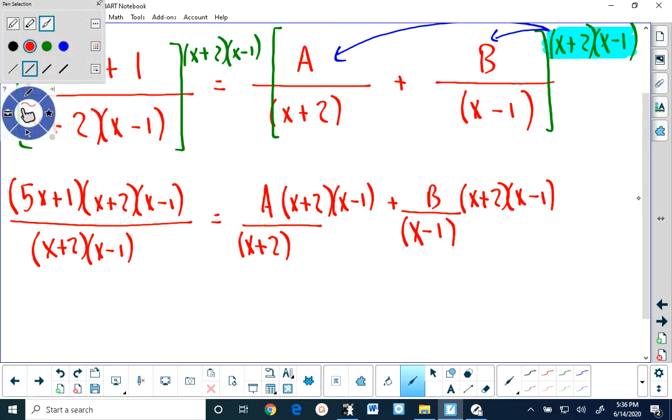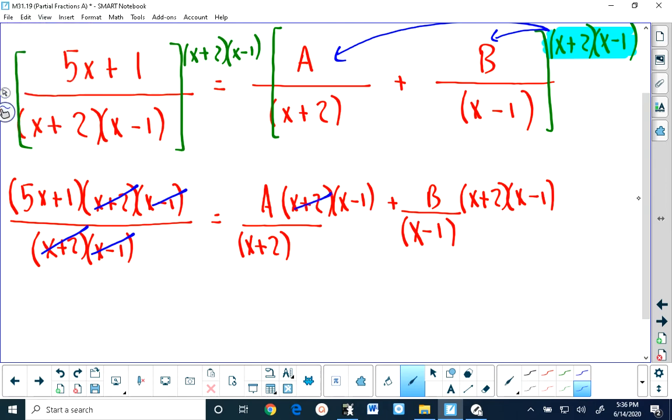What's going to happen here is on the left-hand side, the x+2 and the x+2 cancel, the x-1 and the x-1 cancel. In the first part of the right-hand side, the x+2's cancel, but the x-1 does not. And in the second part of the right-hand side, the x-1's cancel, but the x+2 does not.